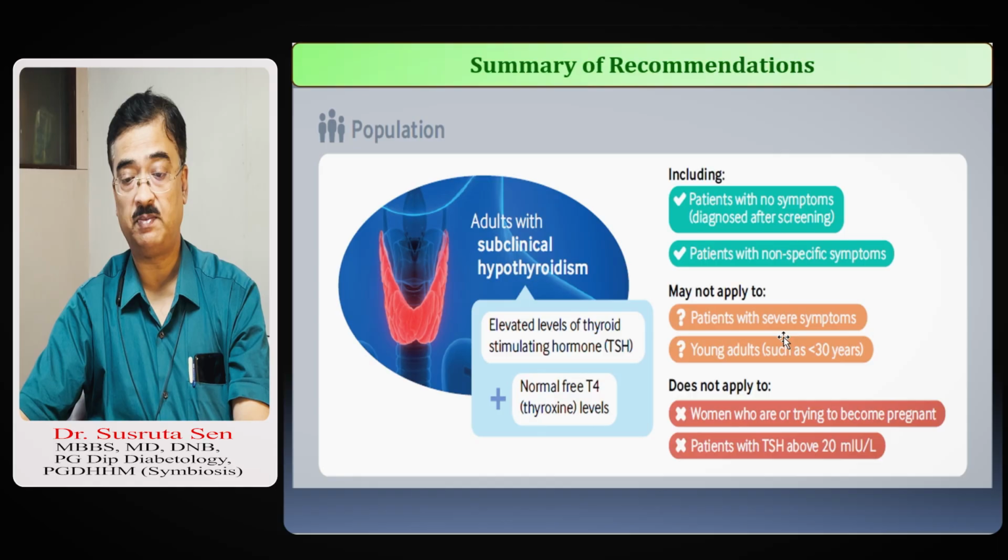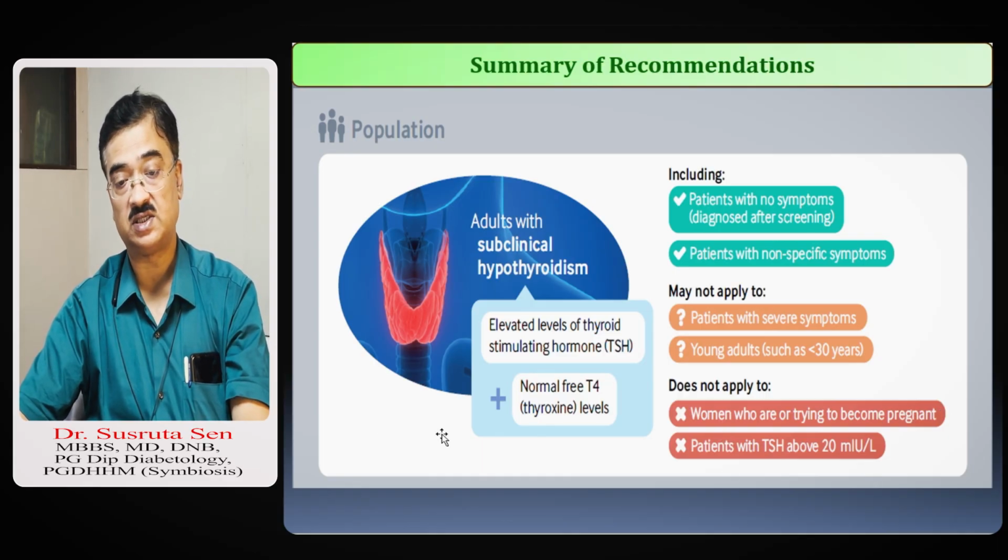This may not apply to patients with severe symptoms and young adults less than 30 years, because for them the development of muscle and brain is quite dependent on thyroid, so you may consider treating. Now, when the patient is pregnant or becoming pregnant, and the patient with TSH above 20, there is no question of observation, treat the patient straight away.